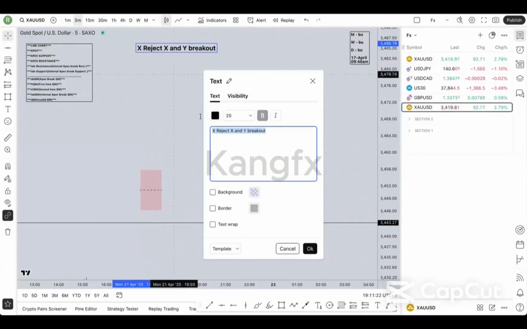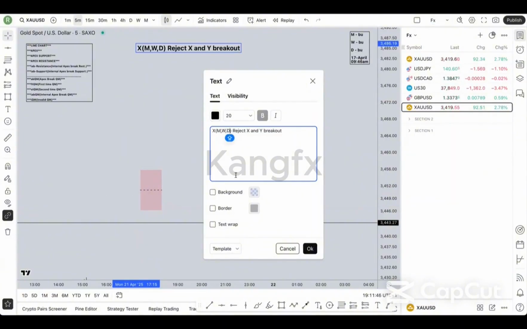The X there stands for, well, this X can be monthly time frame, weekly time frame, and daily time frame.